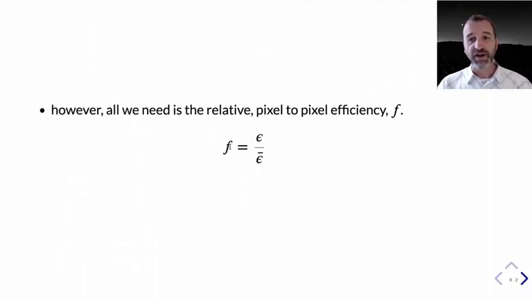So the key here is that we're not going to measure the efficiencies for each one of our pixels. We're going to figure out a number that gives us the average efficiency, and then the ratio of these. This is actually what we can measure here. We can measure the ratio of those two, and then once we have that relative efficiency, we're good.